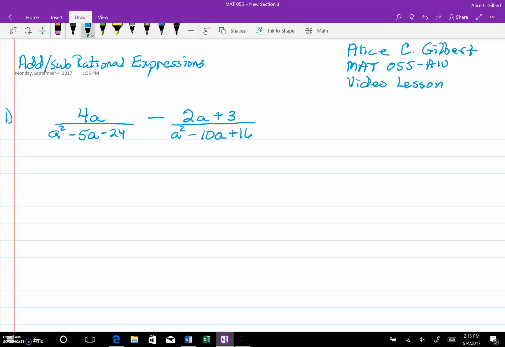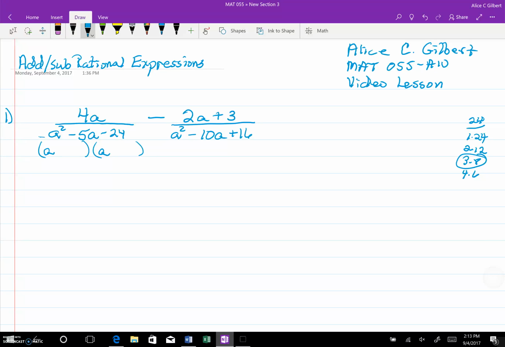So the first thing I need to do here is factor both denominators, only the denominators. I can't factor these numerators, but even if I could, I don't want to now. I just need to work with the denominators. This is rule 3a because that's a 1 coefficient. And it's 24: 1 and 24, 2 and 12, 3 and 8, 4 and 6.